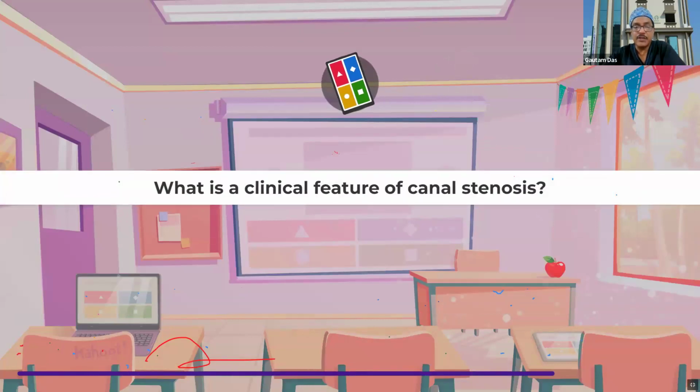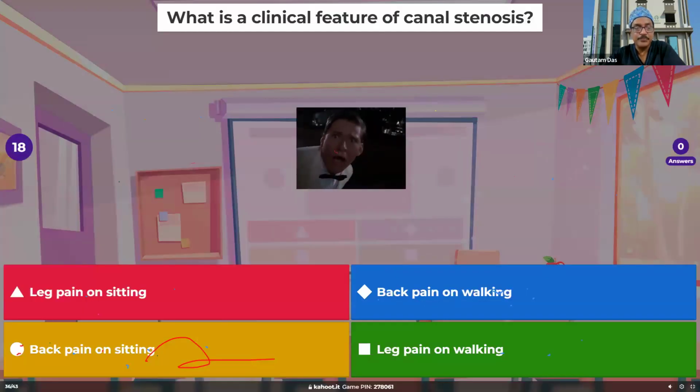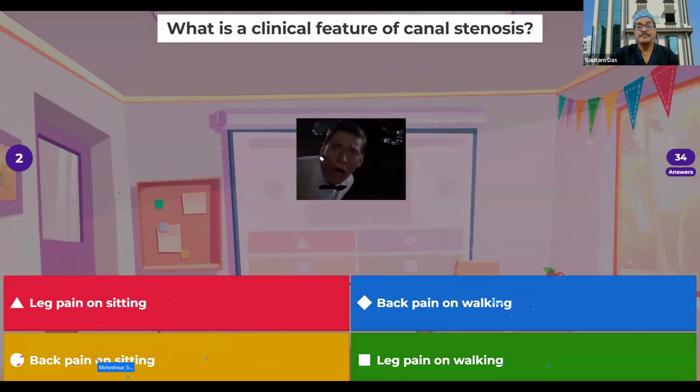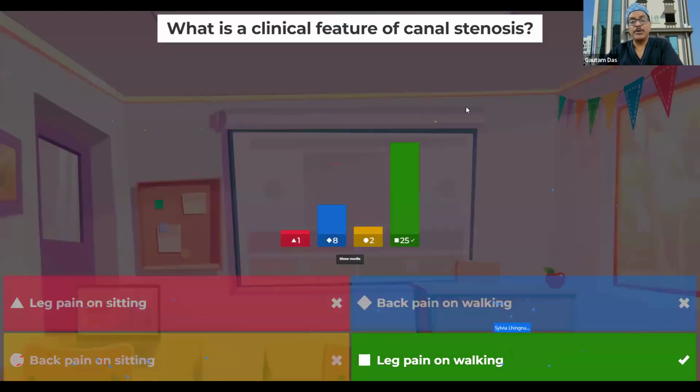What is a clinical feature of canal stenosis? Leg pain on standing, leg pain on sitting, back pain on walking, back pain on sitting, leg pain on walking. Again, majority answered right.